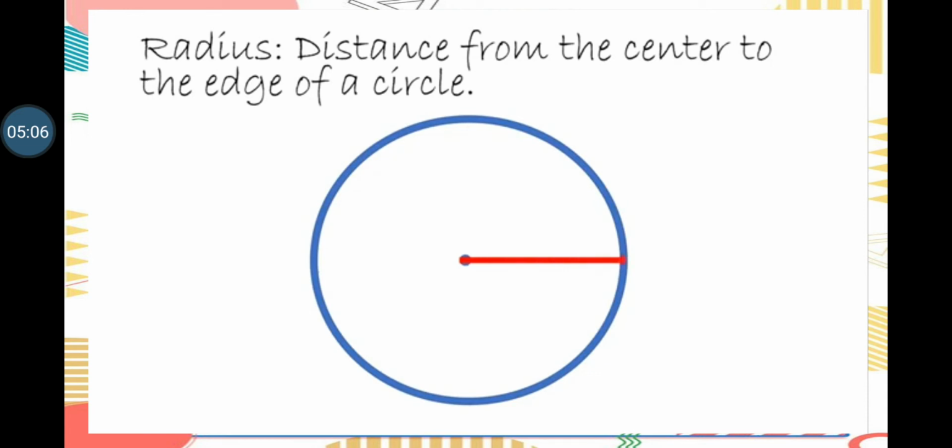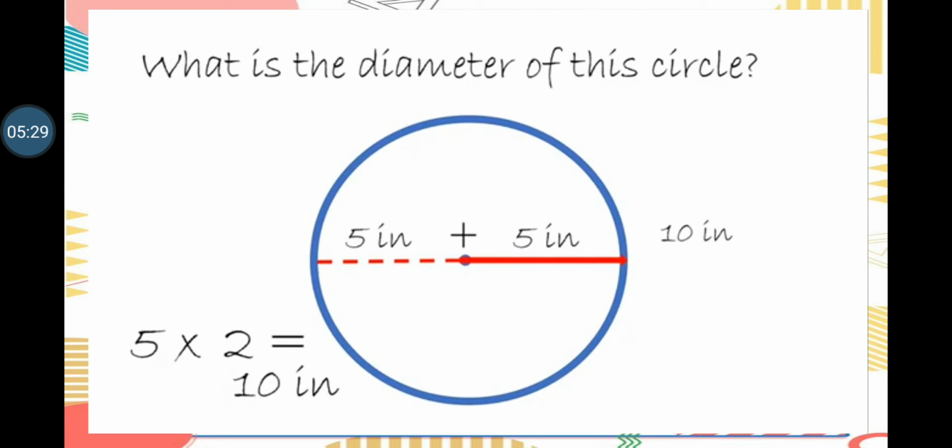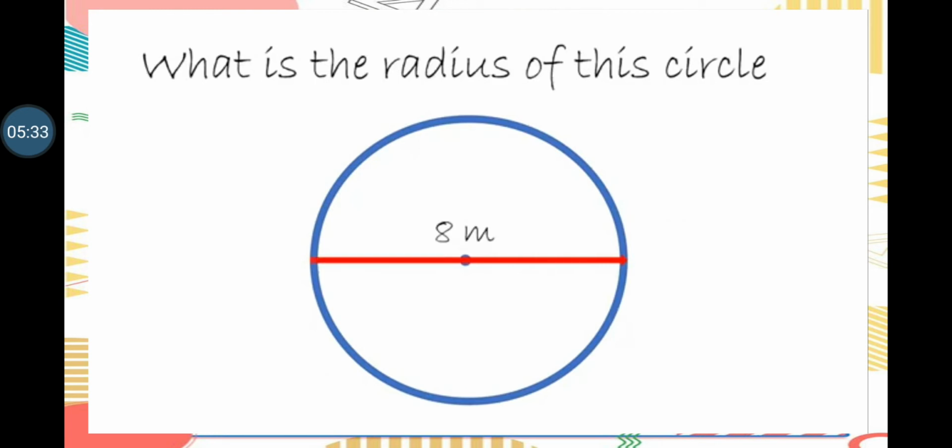You can see the red line from the center towards the edge of the circle. Here is one example: the radius of a circle is given as 5 inches. We know the diameter is always double the radius. So when we double the radius, 5 plus 5 or 5 multiplied by 2 is equal to 10 inches.